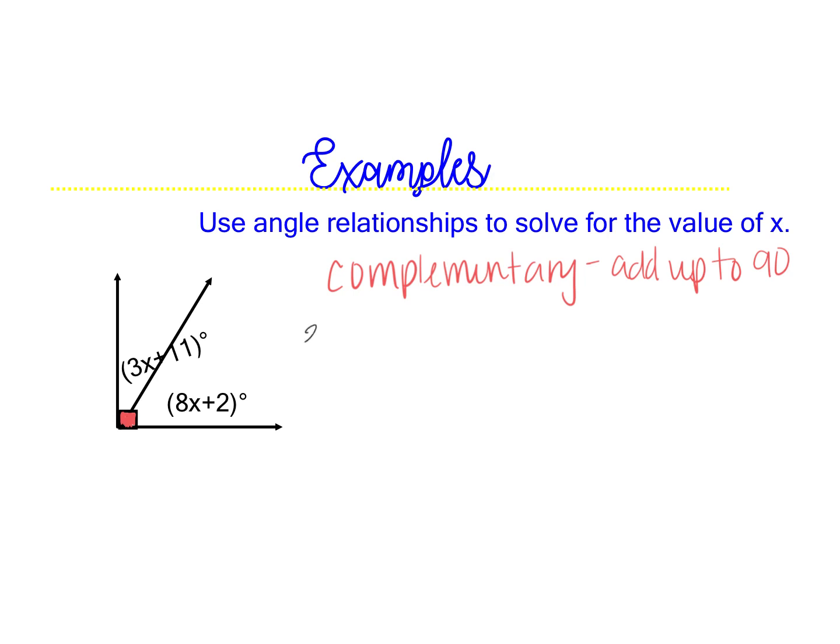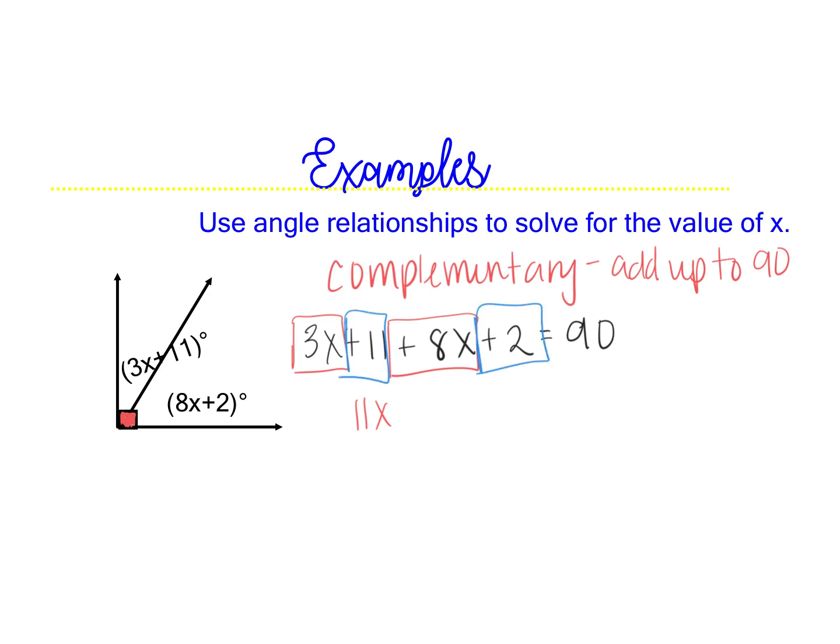So we're going to take 3x plus 11 plus 8x plus 2 and set that equal to 90. And then we're going to combine like terms, so 3x plus 8x is 11x. 11 plus 2 is 13, and that equals 90.